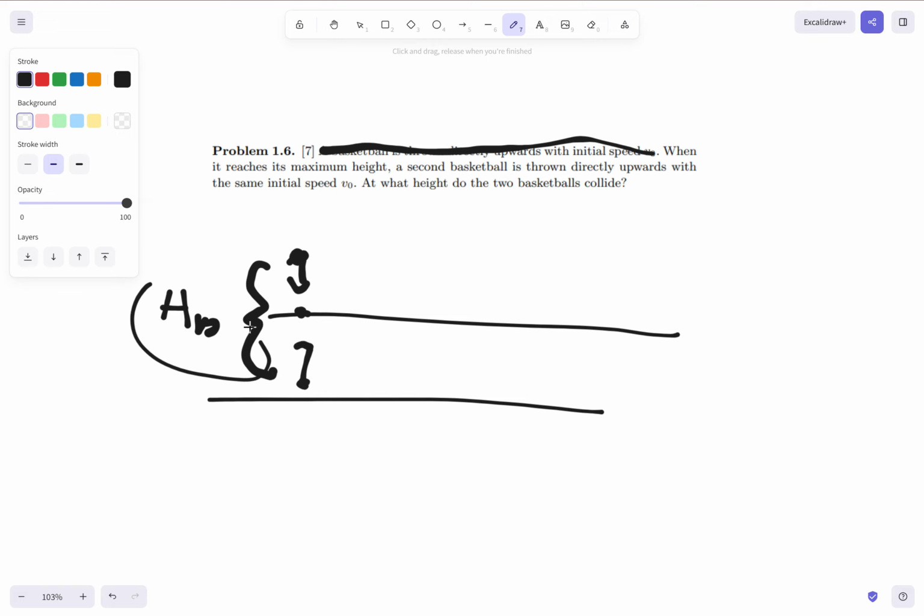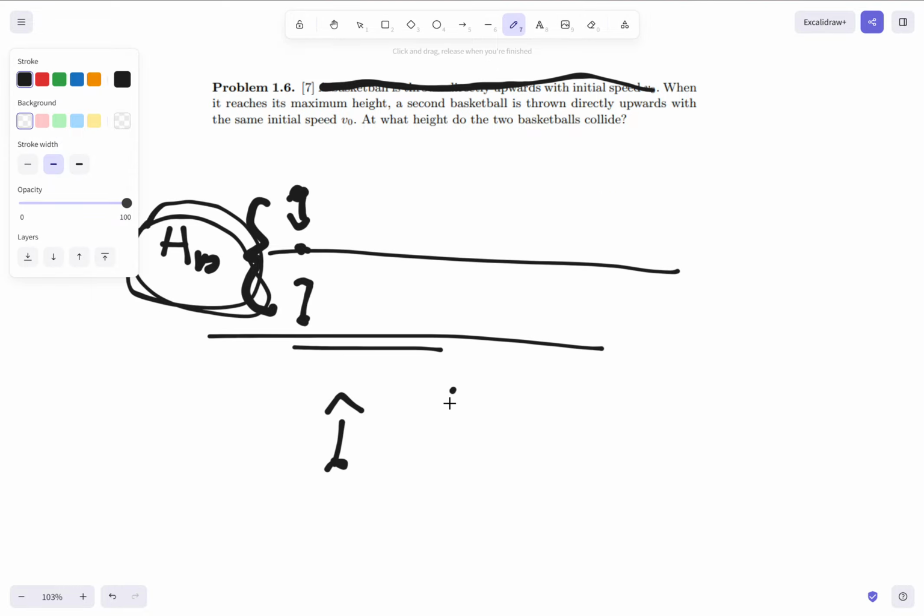So what is H max? What is the maximum height a ball can attain when just thrown with a vertical velocity? I'm pretty sure it's H equals V O squared all over 2G.